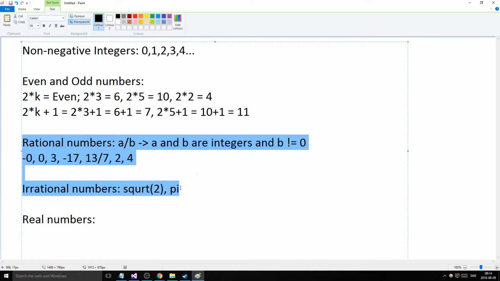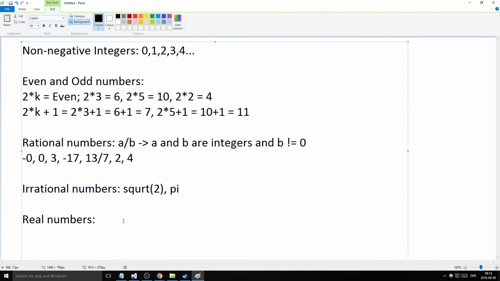So if you just collect these two, you have basically all the numbers that you're ever going to use in these math tutorials and most other math. So that's a quick intro to all the types of numbers there are.